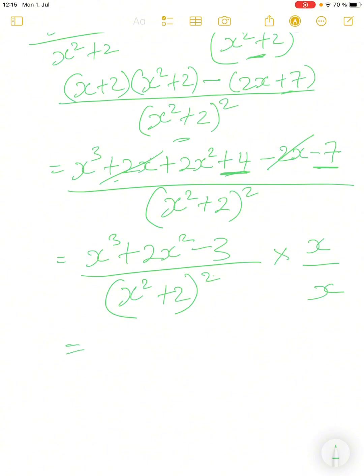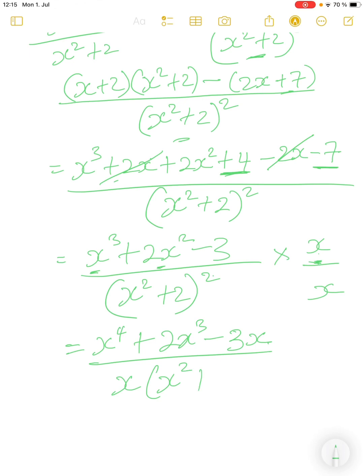So we have x times this, we have x power 4, this times this, we have 2x power 3, minus x times minus 3, we have minus 3x, all over x times x squared plus 2 all squared.